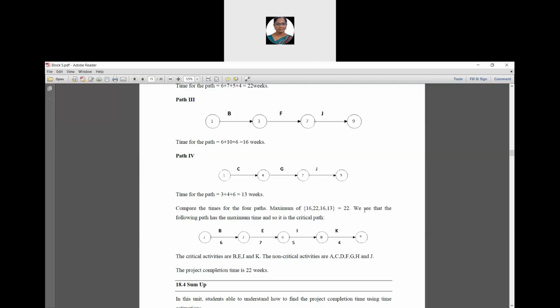Path 2: 1 to 3, 3 to 6, 6 to 8, 8 to 9. Therefore, its corresponding activity names are B, E, I, and K. The rest of the activities, that is A, C, D, F, G, H, and J, are called non-critical activities.